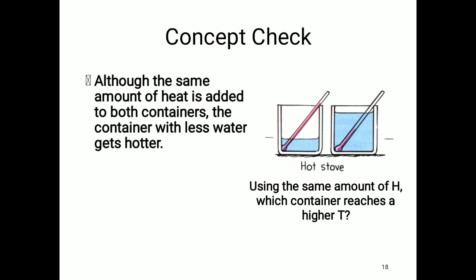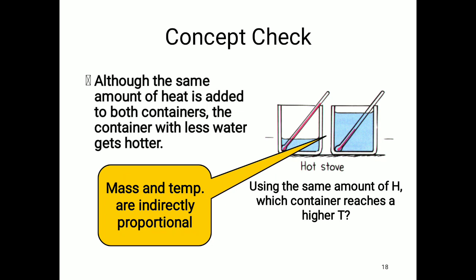It is very clear that the container which has a smaller amount of particles will get hotter. The heat supplied is the same, but it has fewer molecules, so it will reach the higher temperature faster.